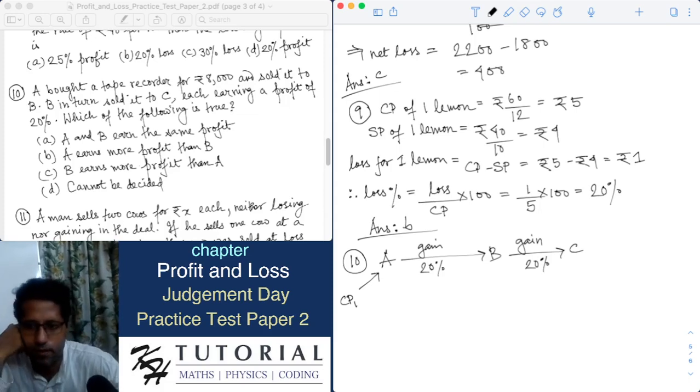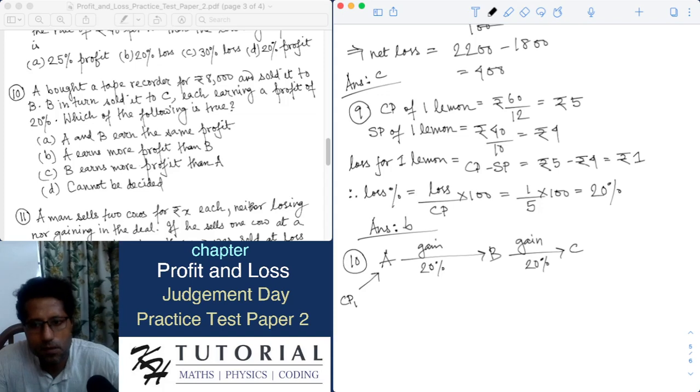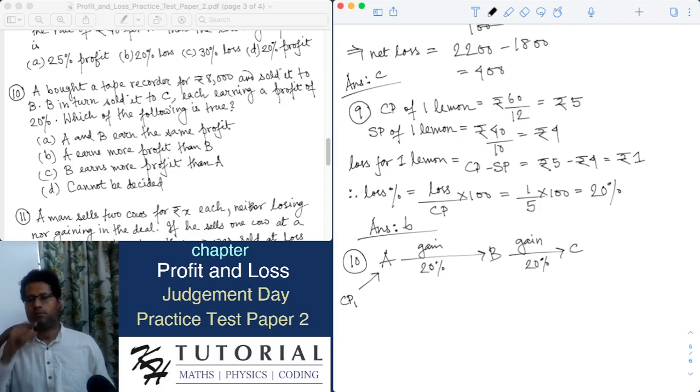It is talking about profit. It is asking to compare the profit of A and B. A bought a tape recorder for rupees 8,000. So if he sells it to B at a 20% gain, A's gain will be 20% of 8,000.